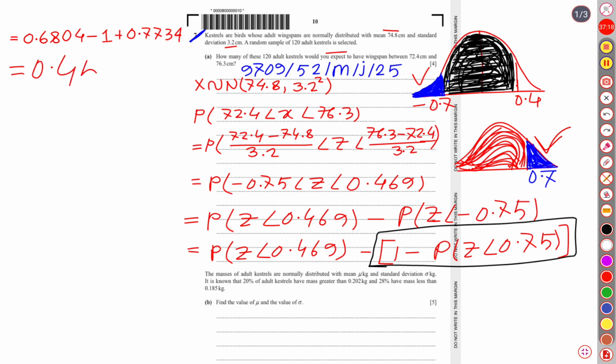0.4538 is our probability. But it is not the end of the solution, because they have told us to find the expected value, and you know how to find expected value: it is multiplied by the total number of birds. Total there were 120, so 120 into our probability. Again I'll have to zoom it out.